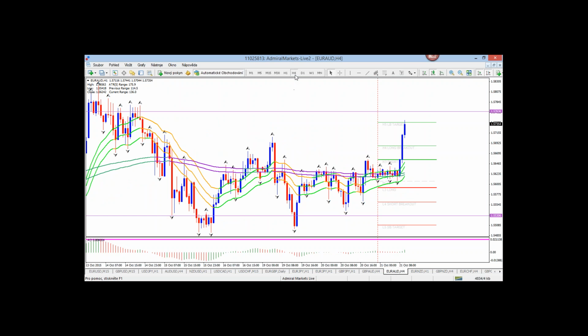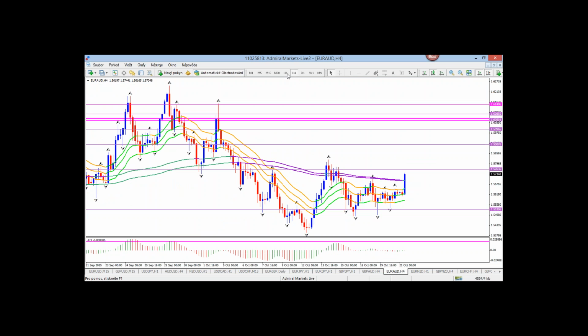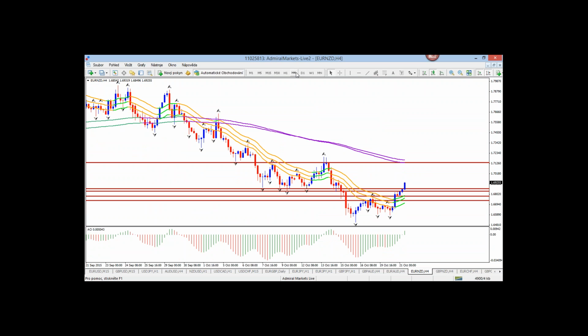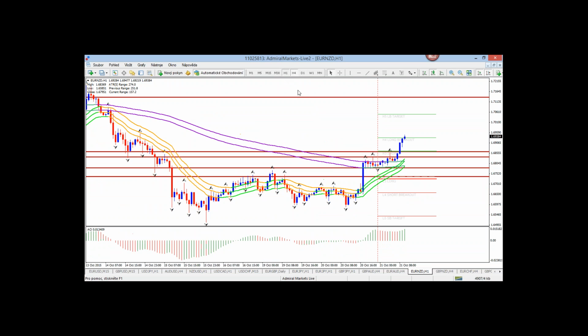Let me take a look at Euro odd. All these 4-hour charts are really not that great, folks. It's not a dreamland of trends at the moment. That's absolutely not the case. Euro New Zealand is reversing, talked about it already actually.